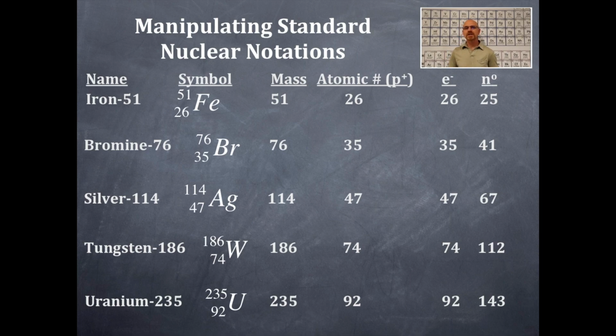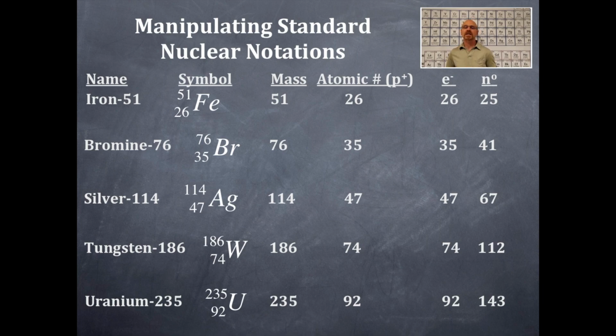There are a few things that you need to be particularly careful of that should be like bright shining lights for you. In the standard nuclear notation, you should see that the Z part of it, the A X Z, is the atomic number, as in the iron is 26, the bromine is 35, the silver is 47, the tungsten is 74, and the uranium is 92.